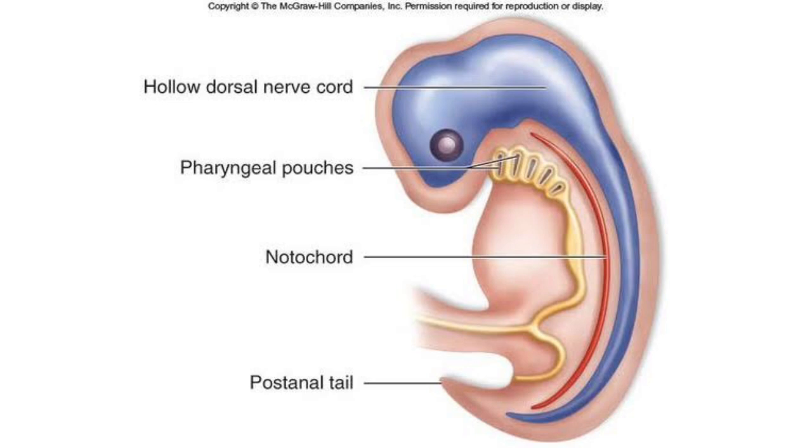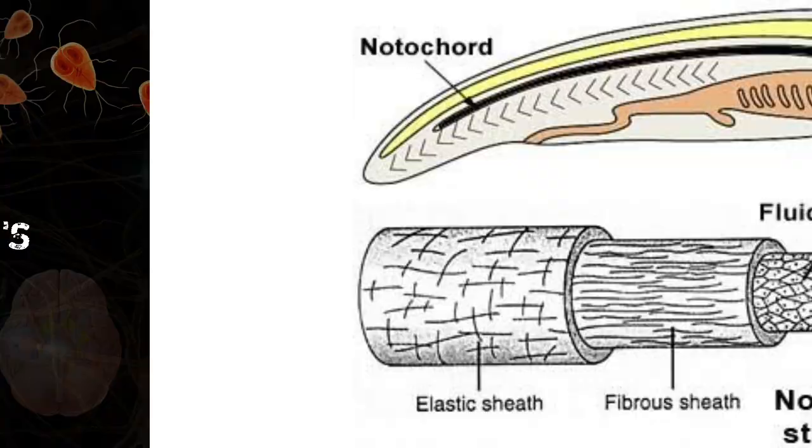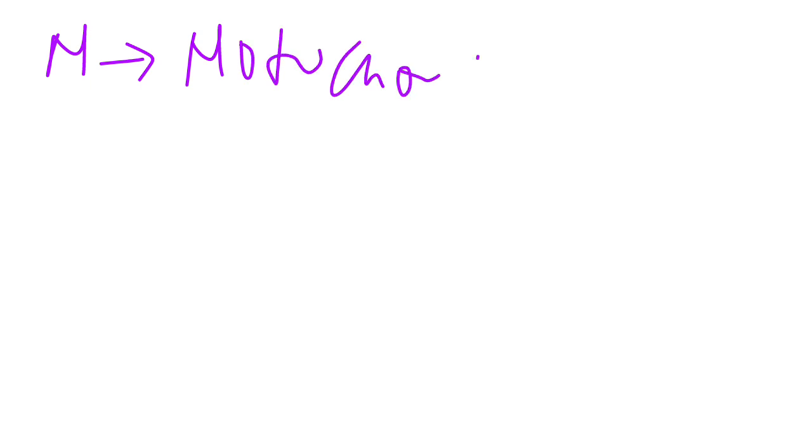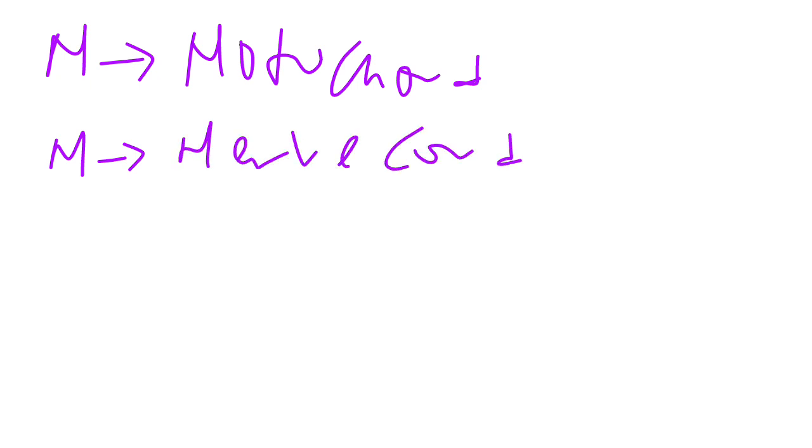So that is basically the four diagnostic features of chordates. I've mentioned the notochord, which can be modified or persist, and if it gets modified, it is modified into the vertebral column in tetrapods. And the nerve cord, whose anterior part develops into the brain, and the posterior into the spinal cord.